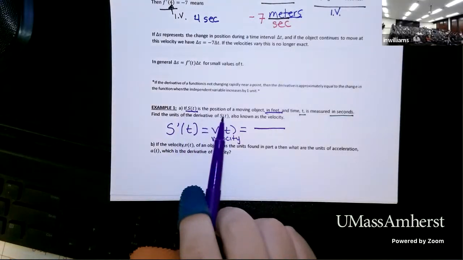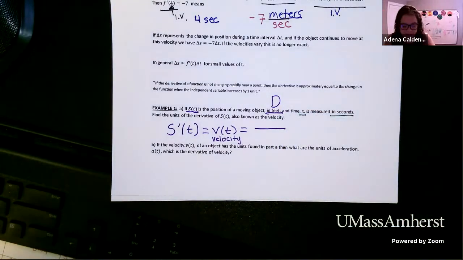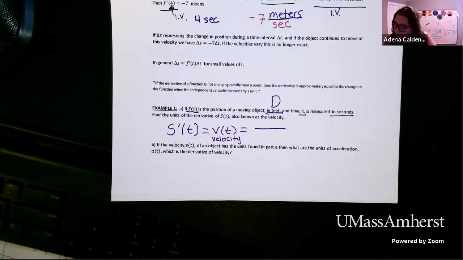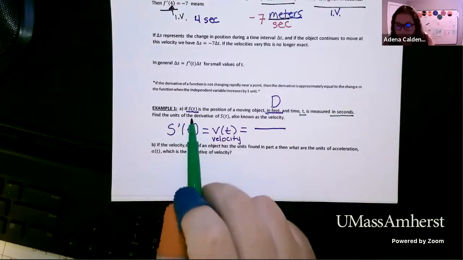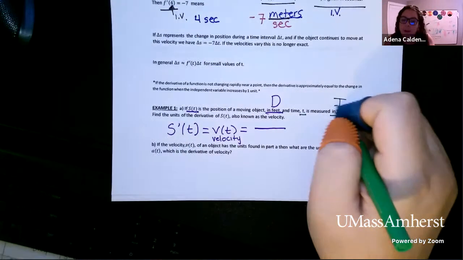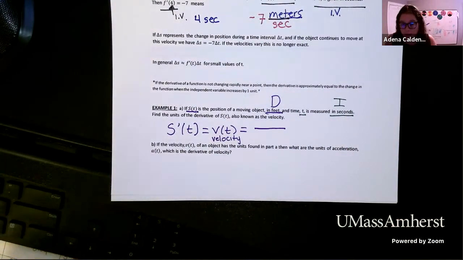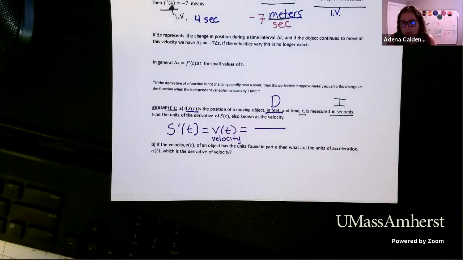The position was given in feet, so that's our dependent units. Then we're told that time, which we're plugging in, is in seconds, so that's our independent units. To get the units of the derivative, we do the dependent units over the independent units.